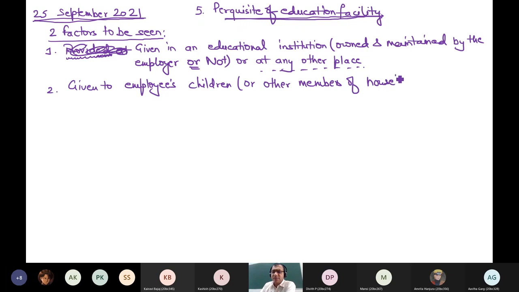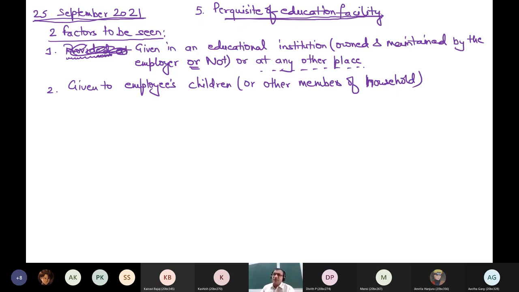Household means family members of the employee. These two factors you must note in your mind when you determine the value of education facility: at which place it is given, in an educational institution or at any other place, and to whom, employees' children or other members of the household.